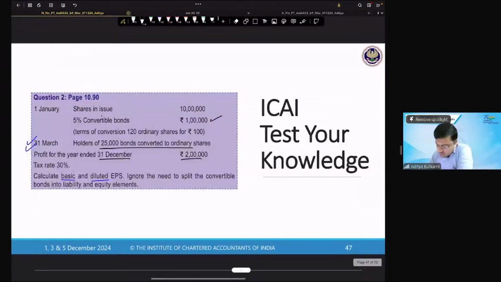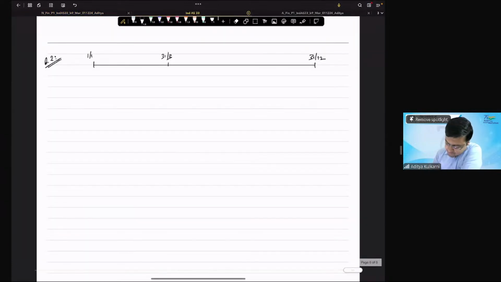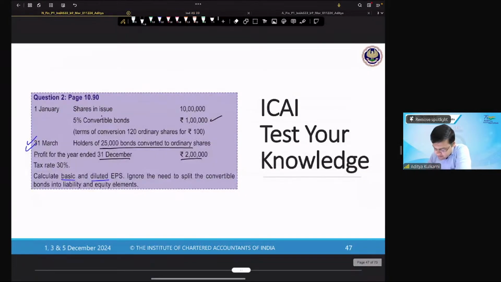Okay. So shares in issue कितने थे? 10 lakhs. 10 lakh shares. And then terms of conversion, 120 ordinary shares for rupees 100.